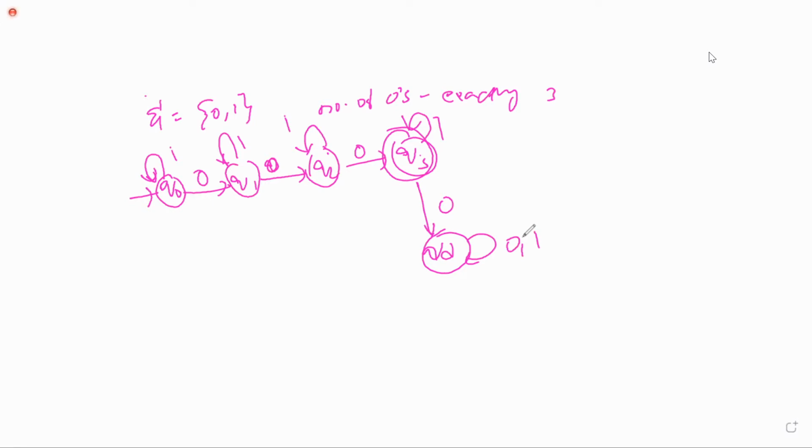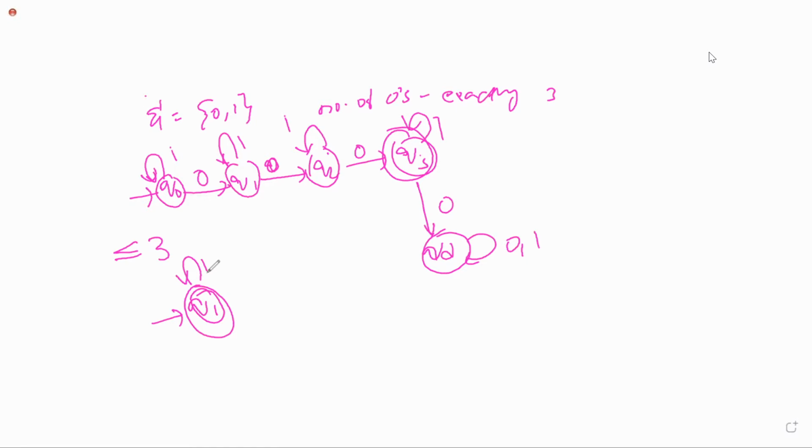Suppose the question is at most 3, maximum 3 zeros. At most 3 means maximum 3. Maximum 3 means 0 zeros also it will accept. Which means if it is having only ones, it is accepting, right?